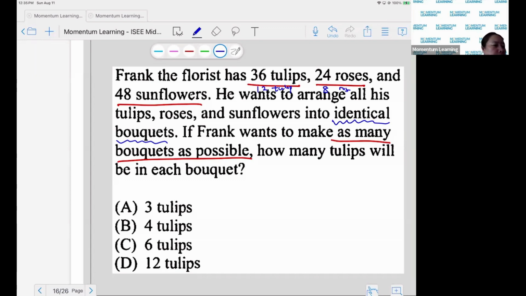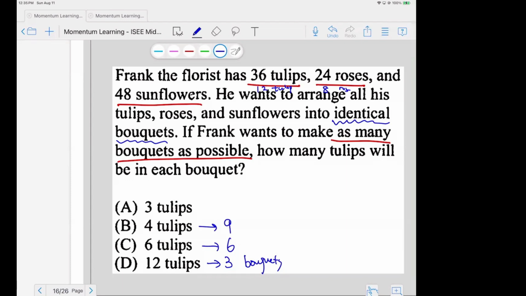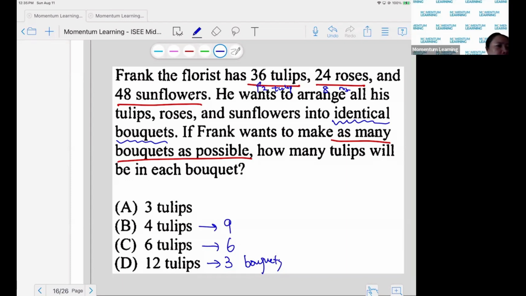But this one gives you only 3 bouquets. And then if you have 6 tulips, then 36 divided by 6, you actually have 6 bouquets. And then 4 is still possible. Oh, you cannot have 4, you are right.